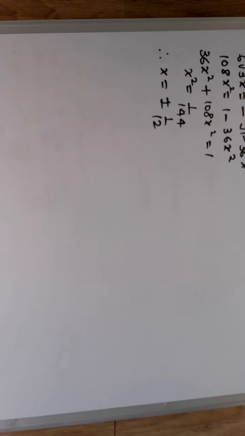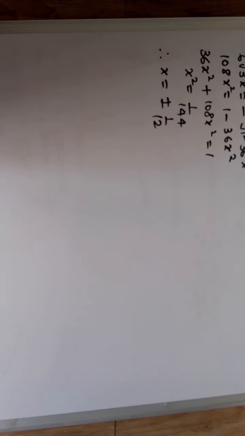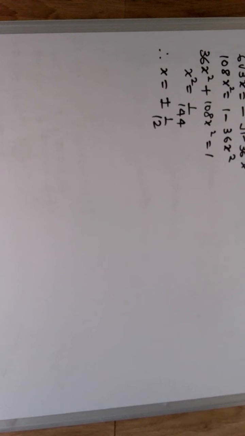Now the value of x equal to 1 by 12 may be true for both or may not be true. So let me check it by putting one value. Let me take x is equal to 1 by 12.